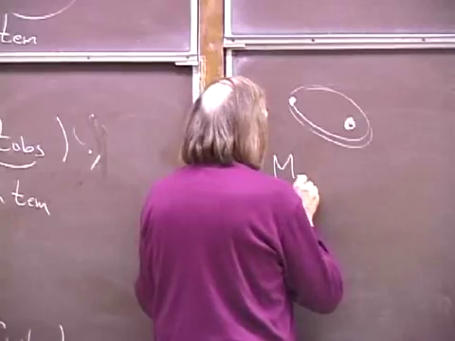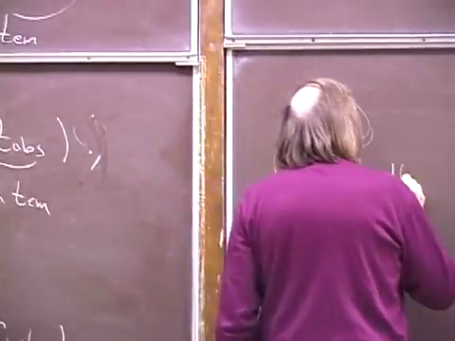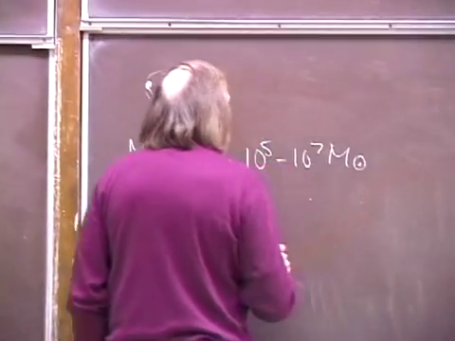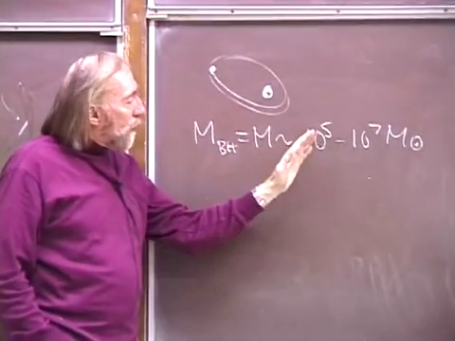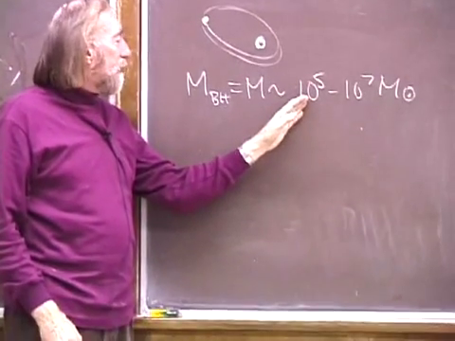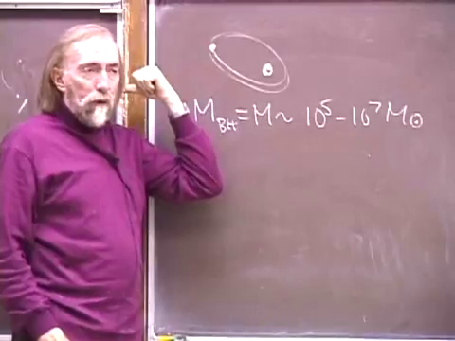where the mass of the black hole, which I'm now going to call M, is in the range, say, 10 to the 5 to 10 to the 7 solar masses. But below this, the waves are going to be shoved to a high enough frequency and are going to be weak enough that you can't see them. And above 10 to the 7 solar masses, they're shoved to such a low frequency that you can't see the waves.